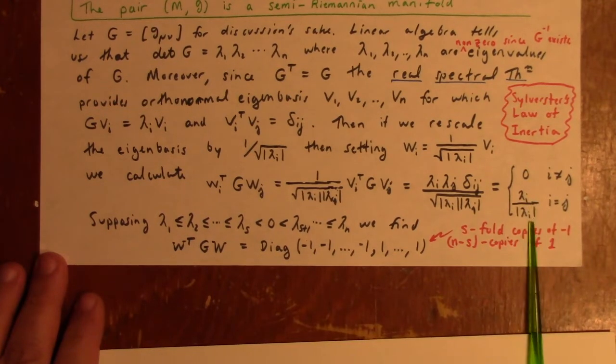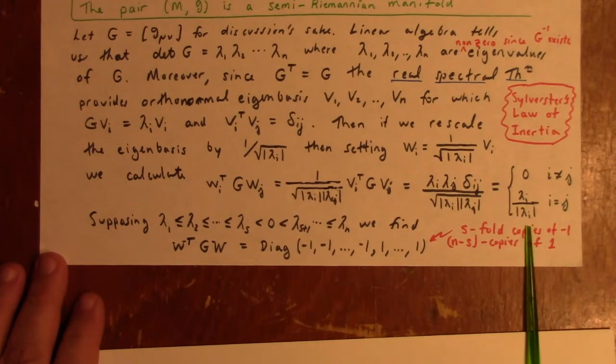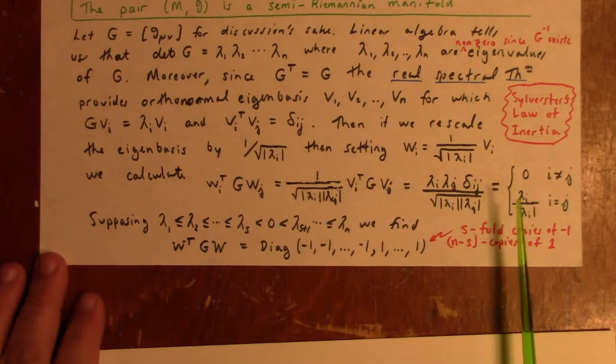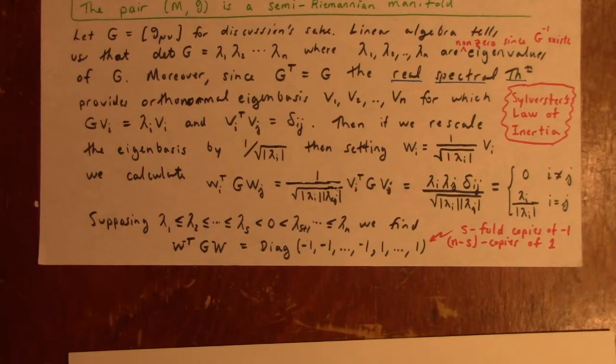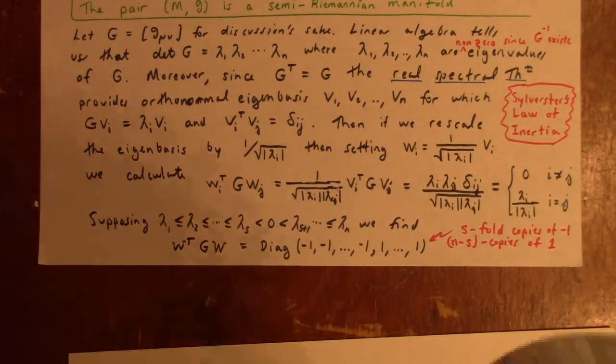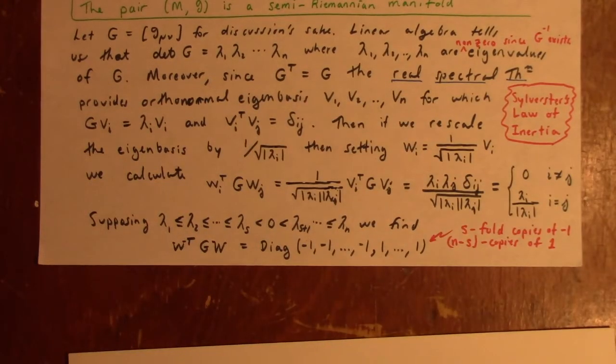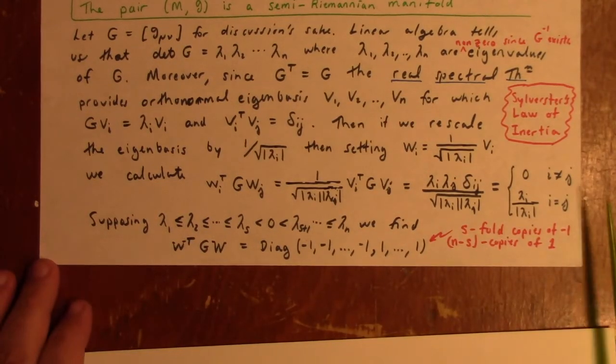And that expression is either plus or minus 1, because remember, none of the eigenvalues can be 0, because the matrix is invertible, in other words, the determinant's non-zero, and the determinant's the product of the eigenvalues, so none of the eigenvalues can be 0. So lambda over the absolute value of lambda is always plus or minus 1.